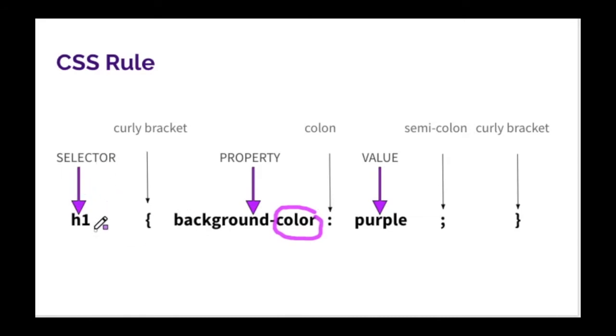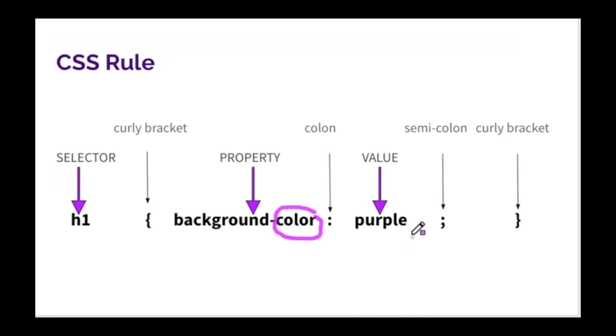So we have our selector, the H1 element. Our property, we want to change the background color of our H1 element. Always follow the property with a colon. Then we're going to identify the value we want to put on the property.